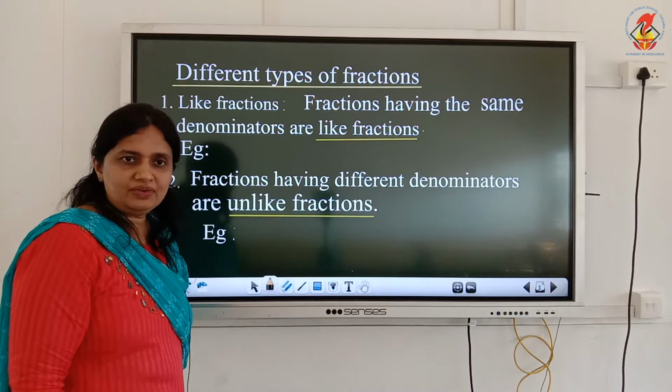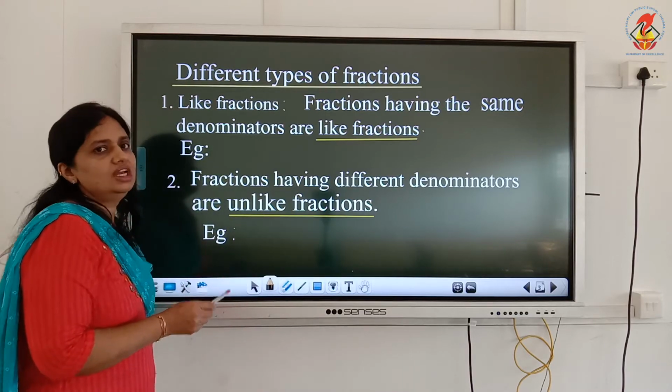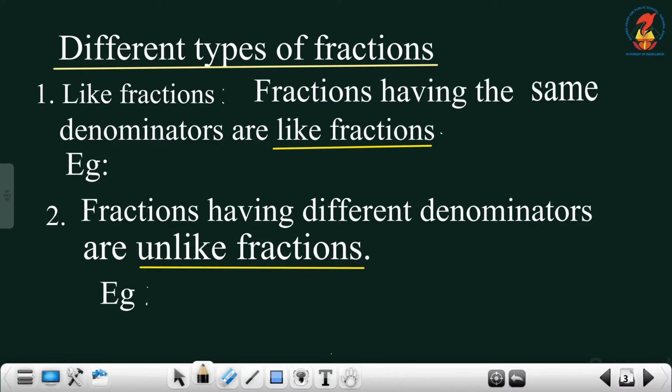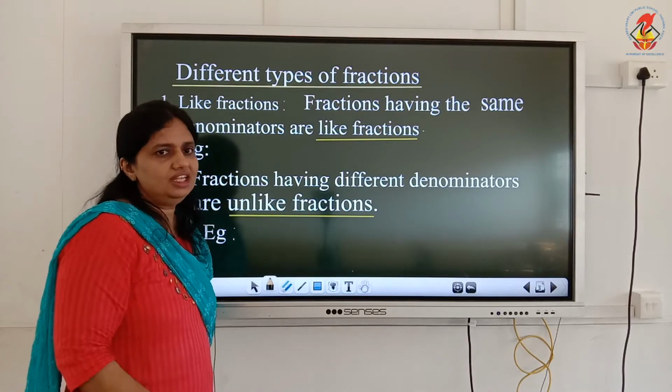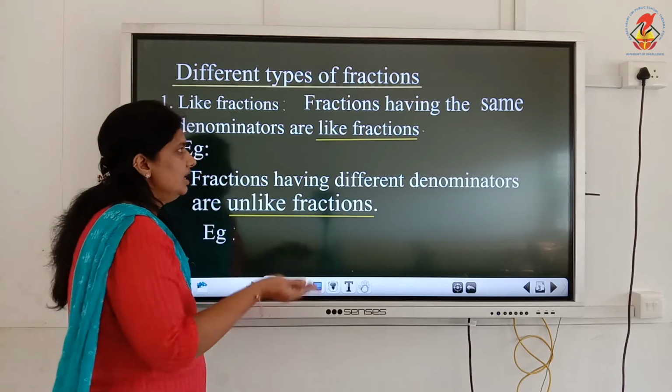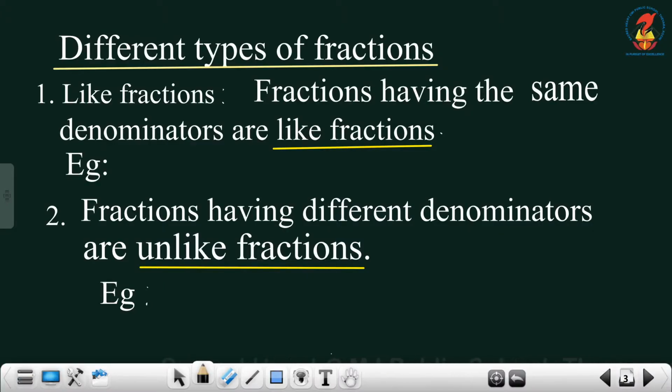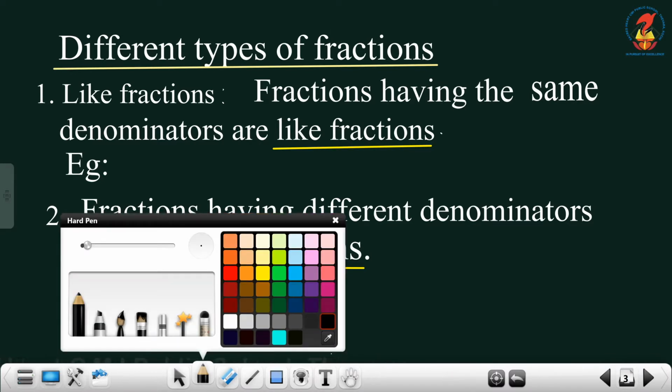What are denominators? The below part of the fraction, right? The fractions that are having the same denominators are called like fractions.